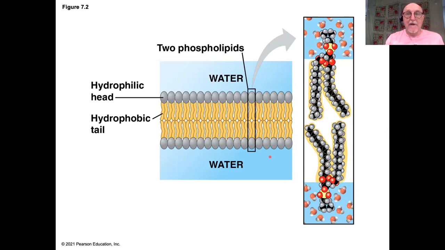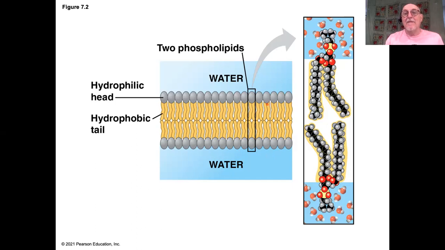The key to the functioning of this membrane is that the whole membrane is semi-permeable. It allows some molecules to cross it easily. It does not allow other molecules to cross it. And therein lies the control over the functioning of the whole membrane.